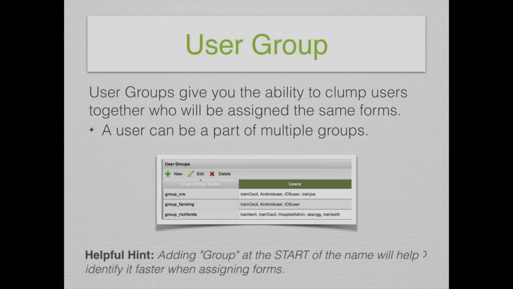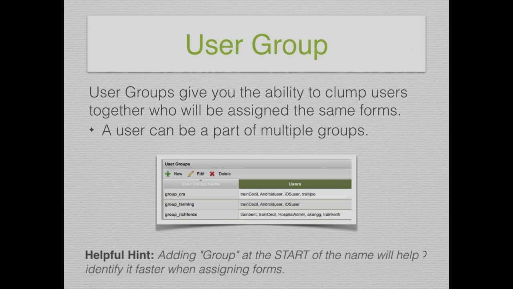And the next step that I want to talk to you about with managing your users is creating a user group. A user group can be so powerful and save you so much time, as well as cut down on some of the human error that you may have when you're quickly assigning users to forms.